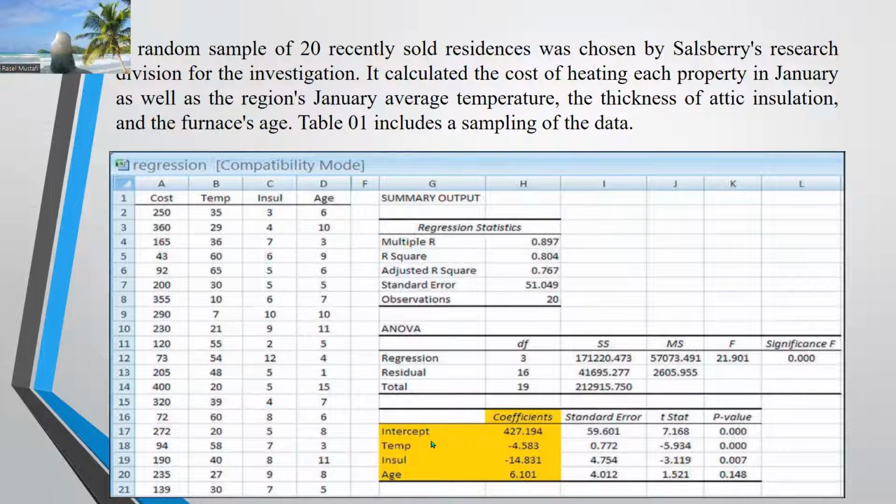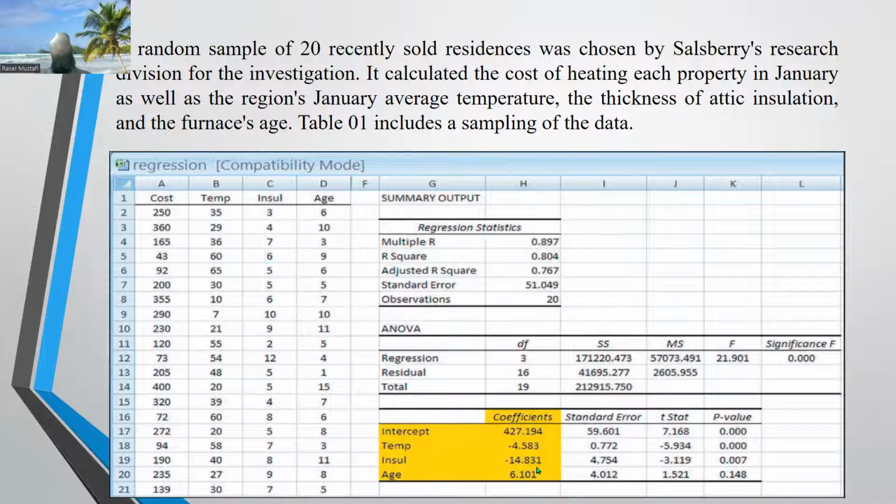And this is the regression output of the coefficients. Intercept is 427.194. The coefficient of temperature is minus 4.583.